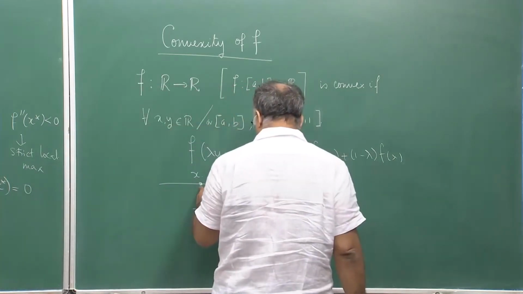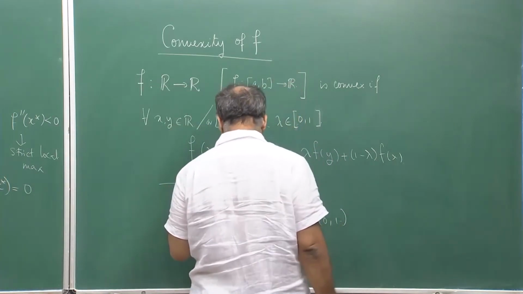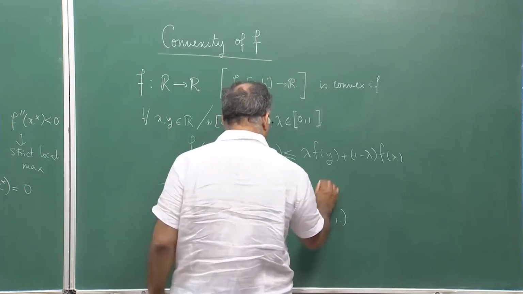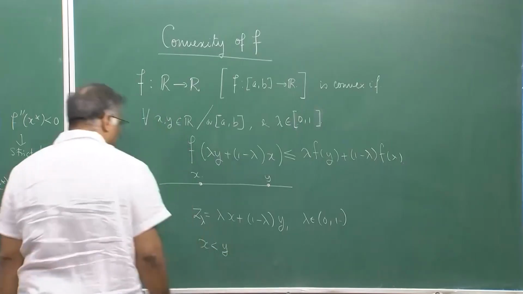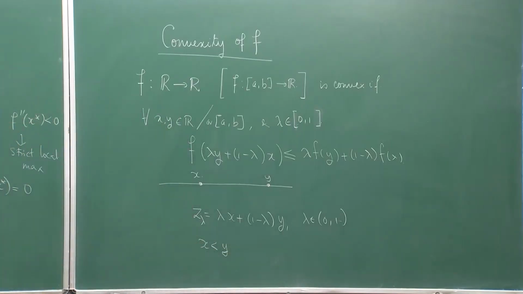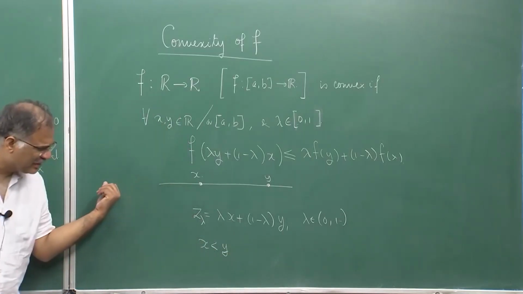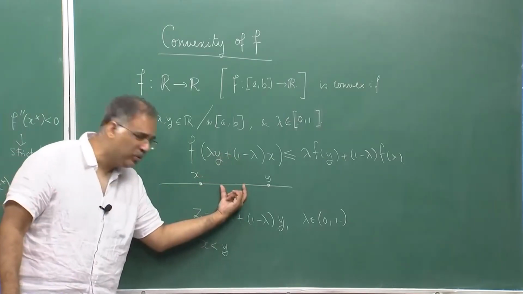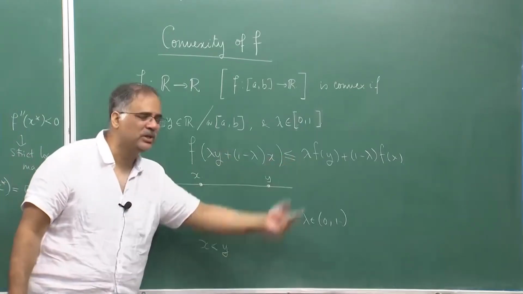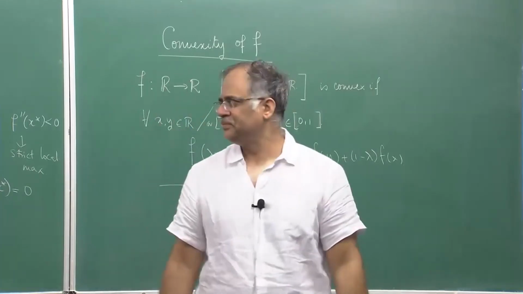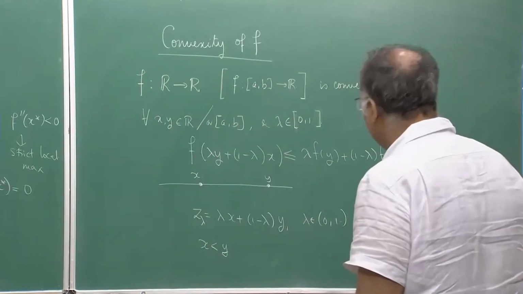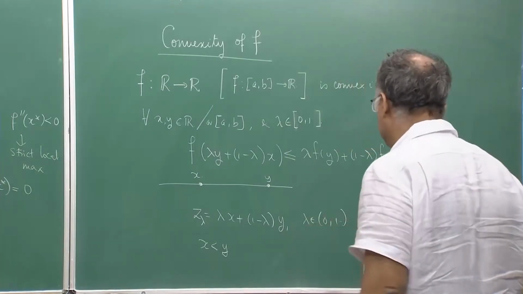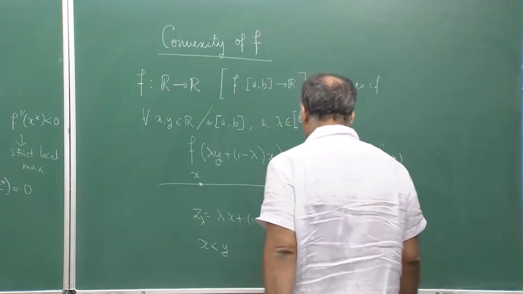Is z lambda less than x? Here suppose I know that x is lesser than y. Then is z lambda less than x, or in between these two, or outside? Let us figure this out. So, what happens?